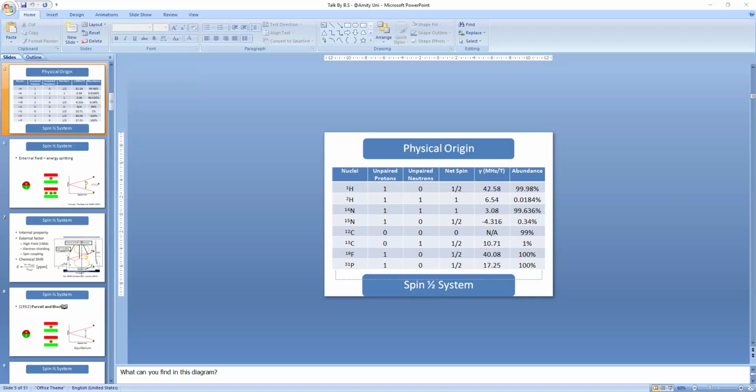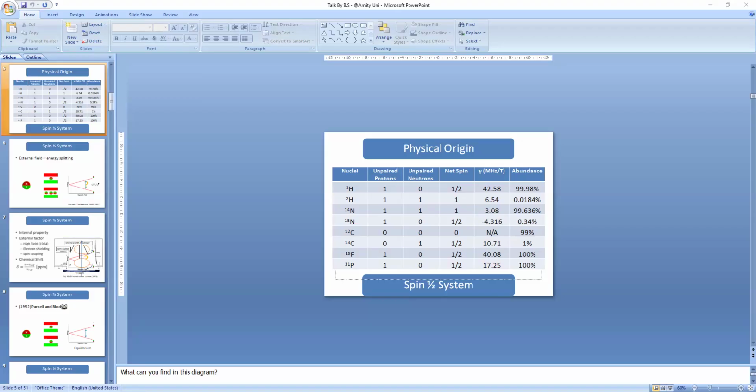You have to click on the slide again. So it is animated. At equilibrium, there are random nuclei present, but when we put the system inside the magnetic field, then what happens? There is some ordering, and that ordering is happening due to the applied magnetic field.